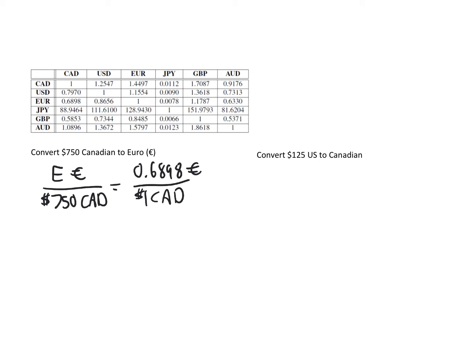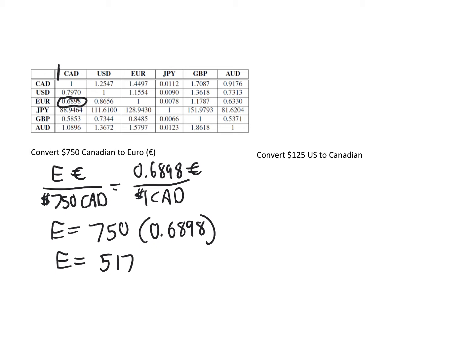Okay, and that's using 1 Canadian. Okay, 1 Canadian to this many euros. Now we can multiply the 750 across. The 1 doesn't really affect it. Anything divided by 1 is just itself. So we get about 517.35 euros.